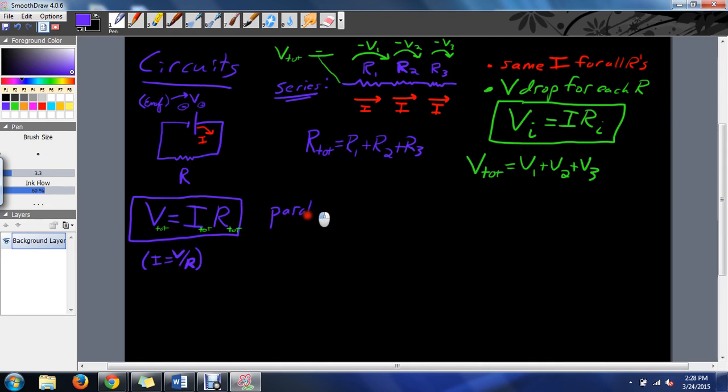Cool. Let's do parallel. So parallel is a little weirder. Parallel is where you have a separate path for each resistor.